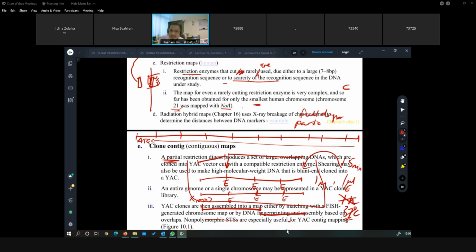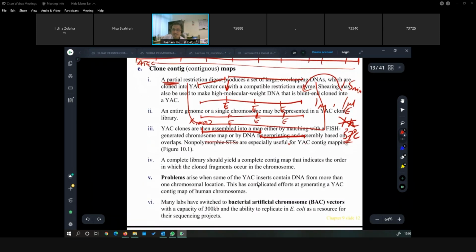So that will be partial restriction digestion. When I have a partial restriction digestion like this one, I have a fragment this length. Let's say I move this one up, follow or not? Yes. So this one will be this length, and this one will be this length. And for this one, it cuts over here only, so it will be till here, and another fragment from the same one will be until here only.